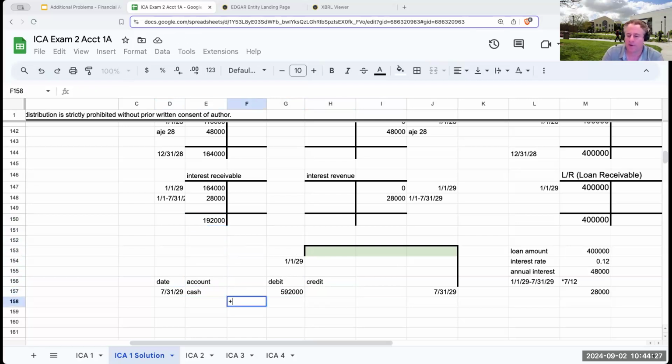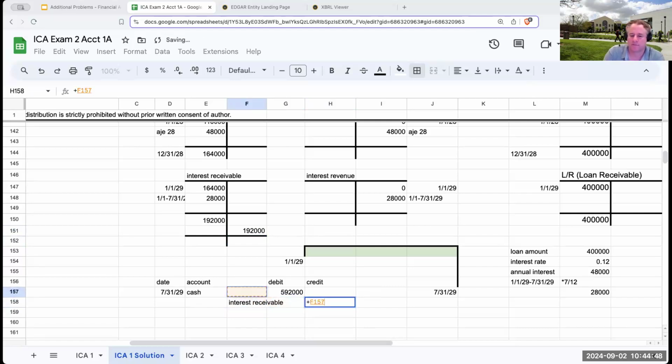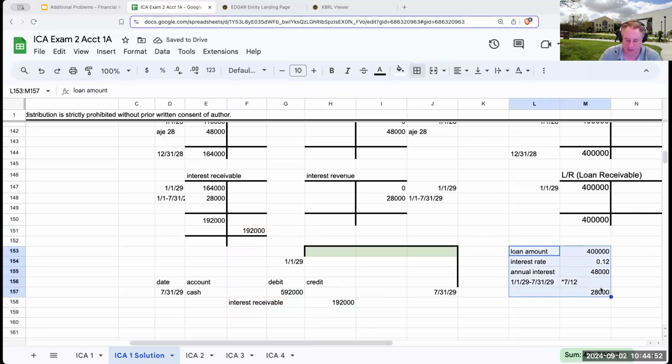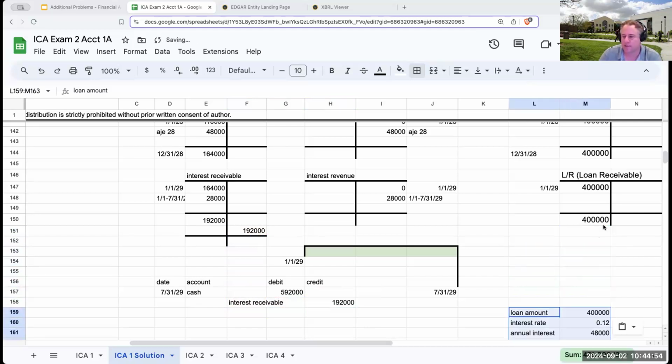Over here, I'm going to credit. When they pay me back, do they owe me this interest? And the answer is no. So I'm going to credit interest receivable for 192,000. And at the same time, they don't owe me this $400,000 anymore.